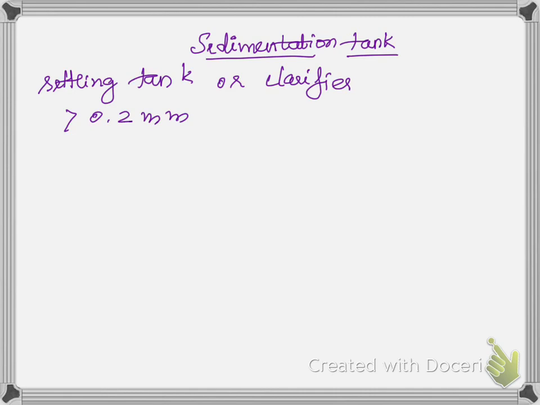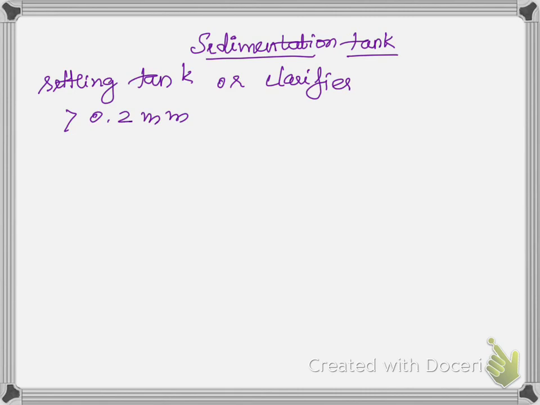This sedimentation tank enables all your suspended particles to settle down slowly into the tank, and at the bottom of the tank your sludge will be collected and then you can eliminate the sludge.